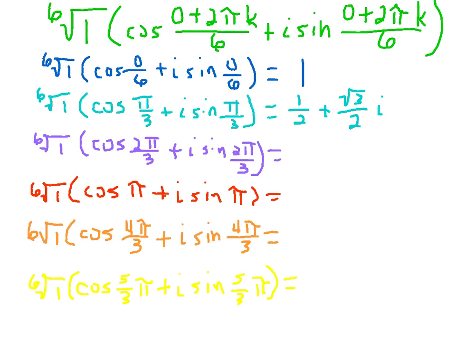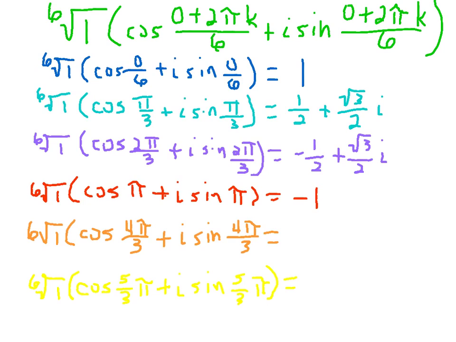The third expression is going to simplify to negative 1/2 plus square root of 3 over 2 times i. That's where the plus or minus 1/2 plus the square root of 3 over 2 times i comes from. The next one down, if I simplify that, I'm going to get negative 1.